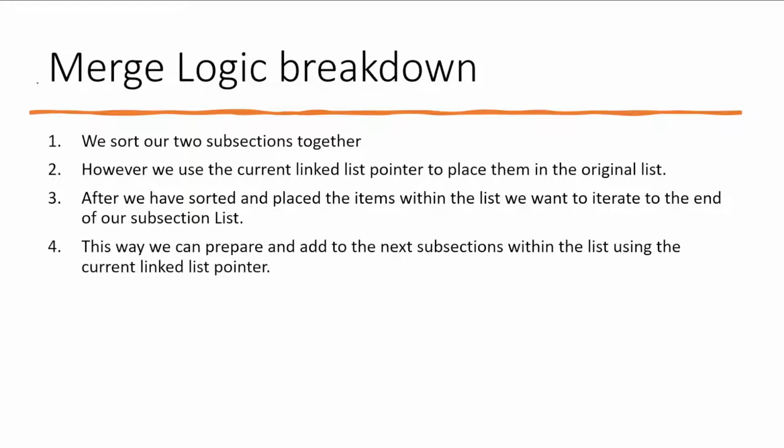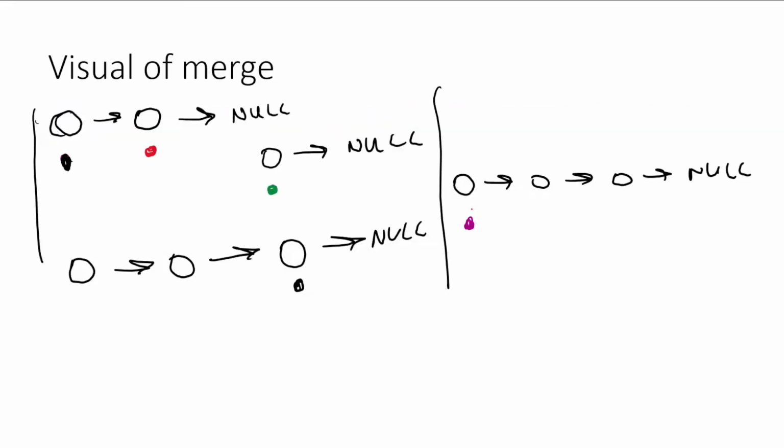So we want to sort out our two subsections together. However, we will use the current linked list pointer to place them in the original list. After we have sorted and placed the items within the list, we want to iterate to the end of that subsection that we have merged and sorted. This way we can prepare and add to the next subsections within the list using that current linked list pointer.